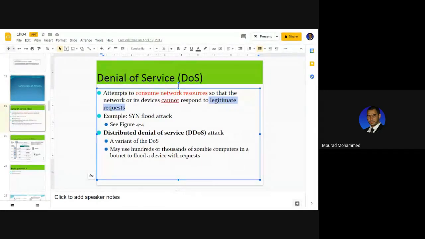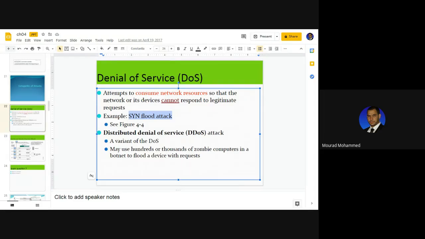How does it happen? An attacker would attack a service provider using millions of requests, not only millions, trillions of requests. It's a huge number of requests, keeping requesting, to the level that the web server or service provider gets stuck. It did not finish the requests received from the attacker.